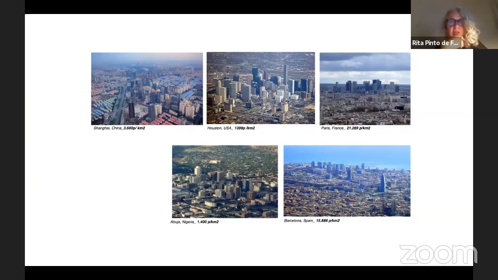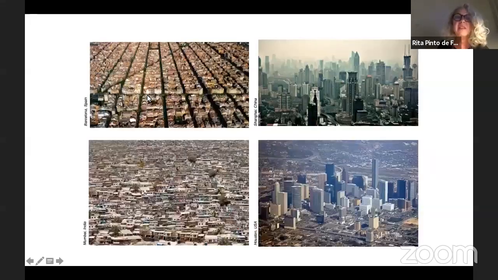In fact, we can see how Barcelona, with 16,000 inhabitants per square kilometer, versus Shanghai with 3,600, a much lower density city, is mainly low rise and horizontal, although it is one of the most dense cities in the world.